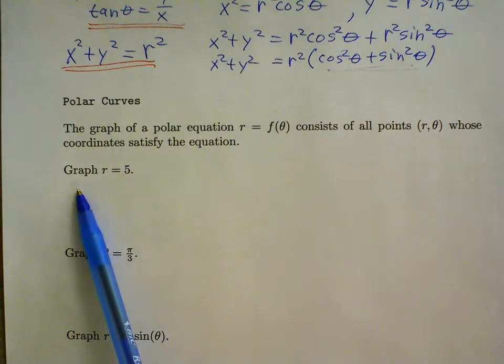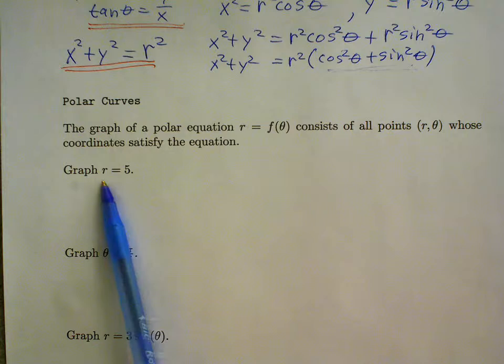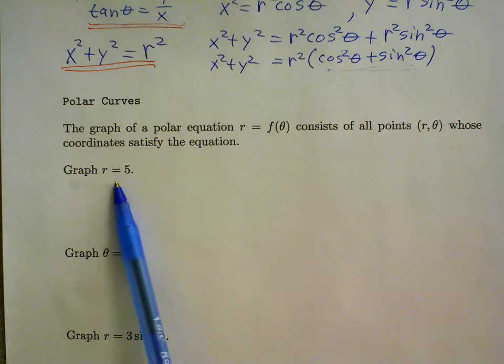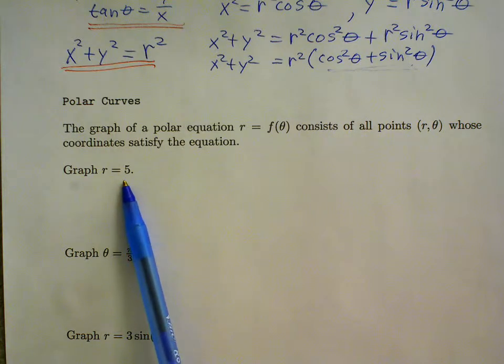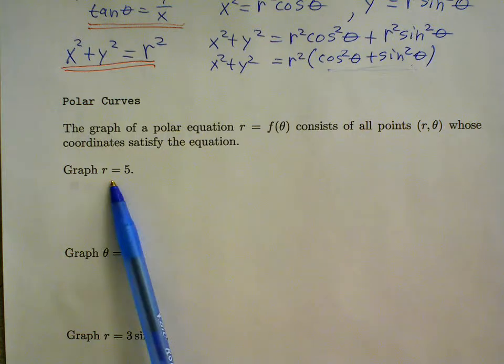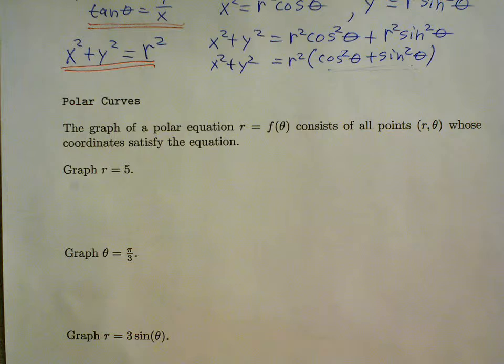Well, we have a polar curve, r equals 5. So there's no mention of theta. So in that previous example, y equals 5, there's no mention of x. So it's assumed that x can be anything as long as y is 5.